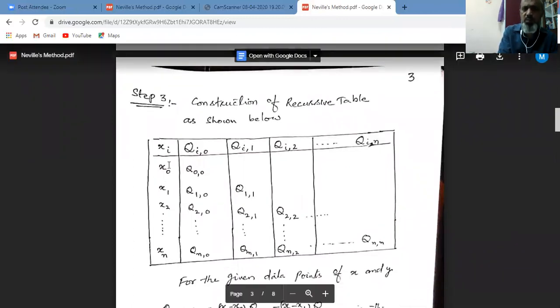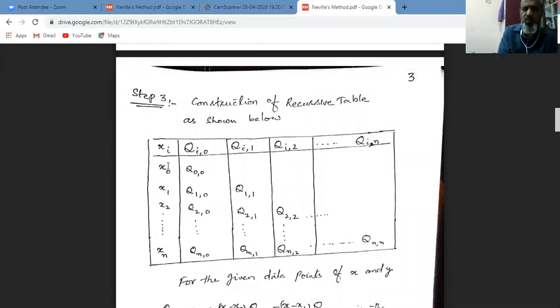The first column is x i. So these are the x values: x naught, x1, x2, x3, up to xn. So n plus 1 points are given. The corresponding value of the function is y0. Instead of y0, we are writing here q0,0. Instead of y1, we are writing q1,0, q2,0, up to qn,0.